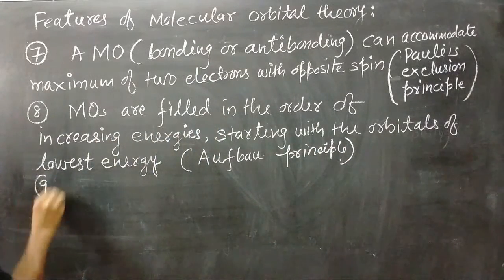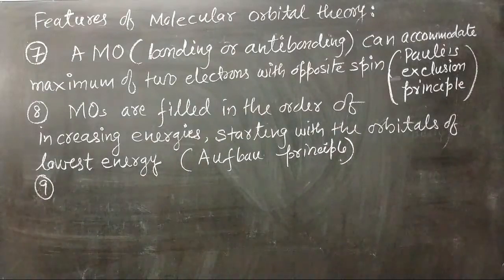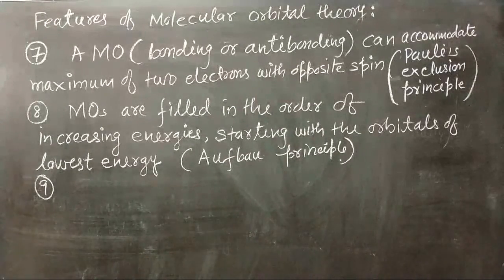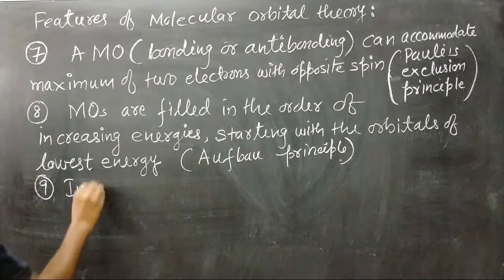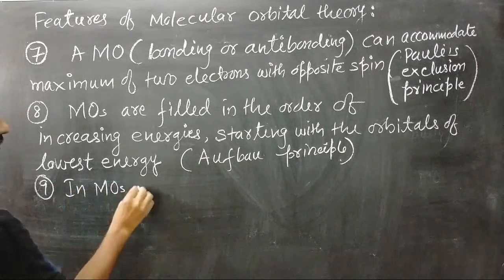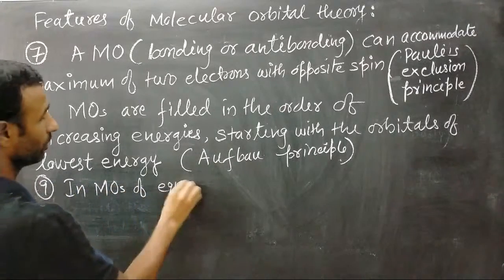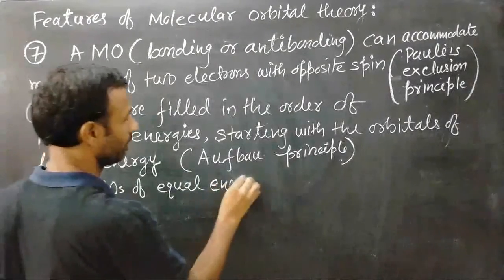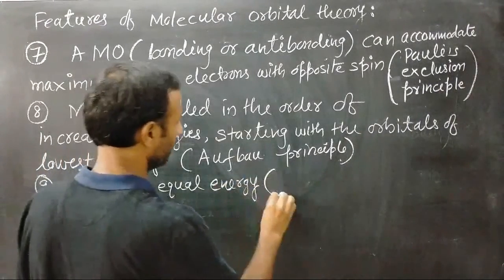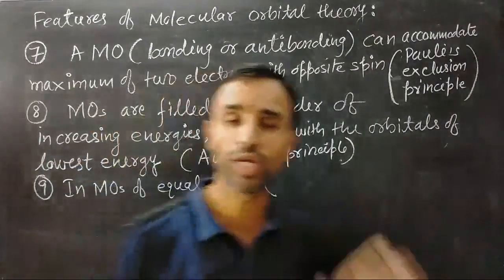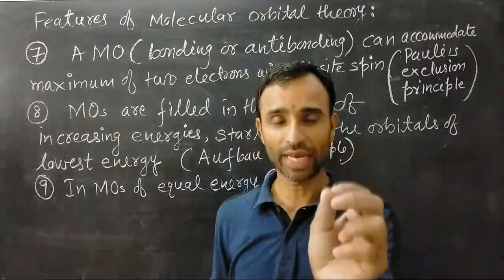Now, point number 9. Orbitals of equal energy have a specific name.